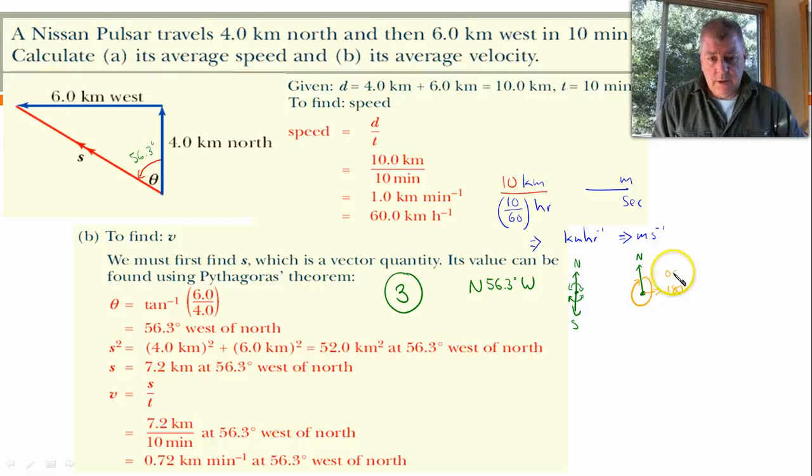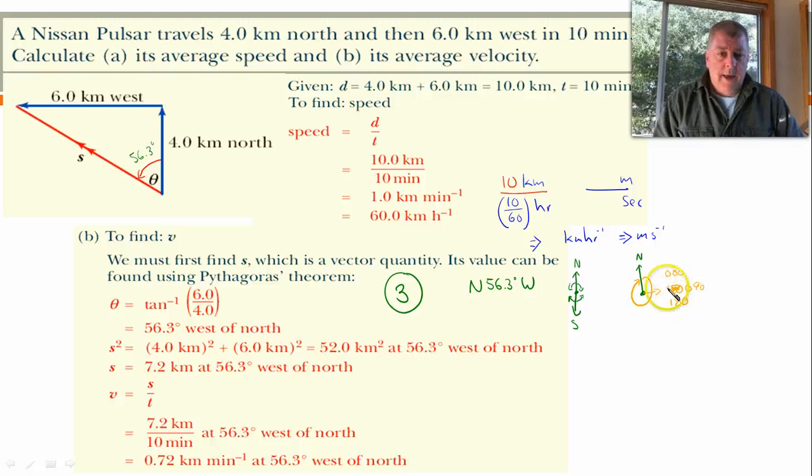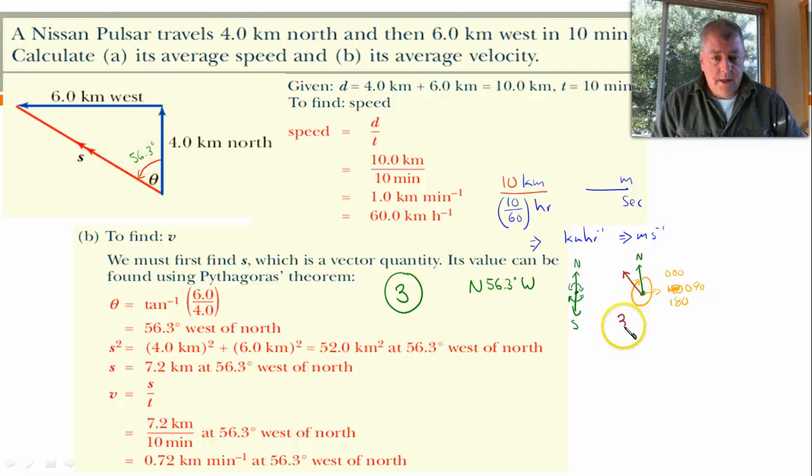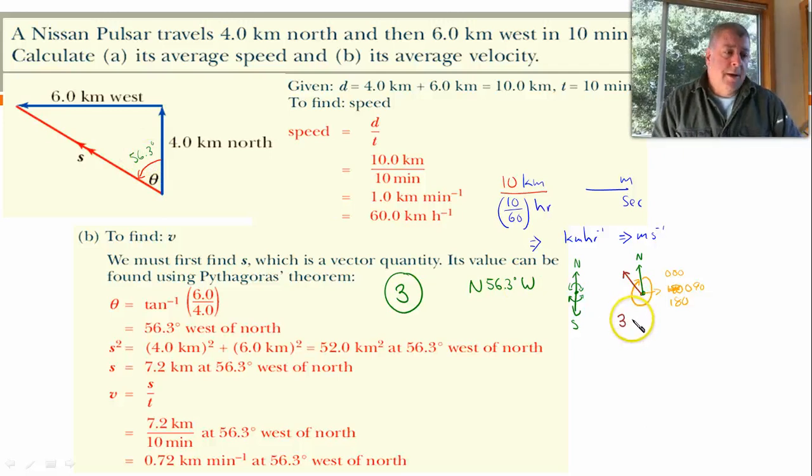So north would be 000, east would be 090, south would be 180, and this bearing out here, which we gave over here, would actually have a bearing of 303.7. Now we don't usually use decimal places, so we'll round it up, which makes it 304. That would be our bearing.